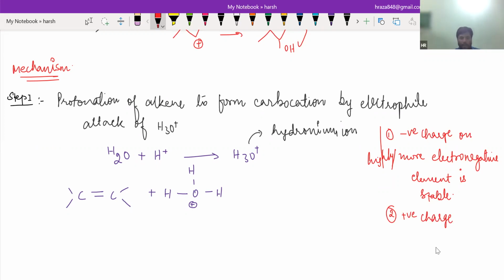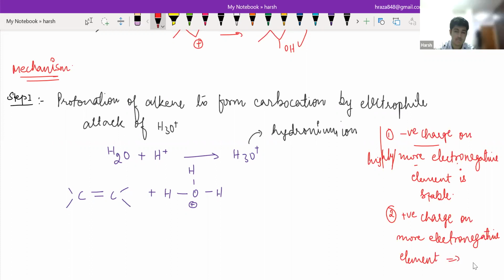I'm going to write it. Negative charge on more electronegative element is stable. Positive charge on more electronegative is unstable.